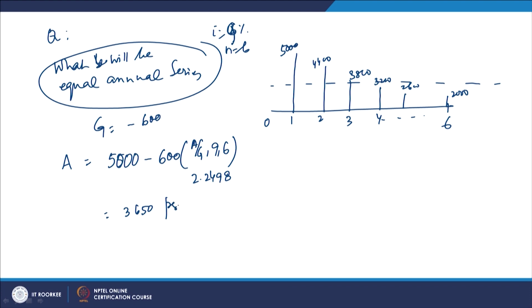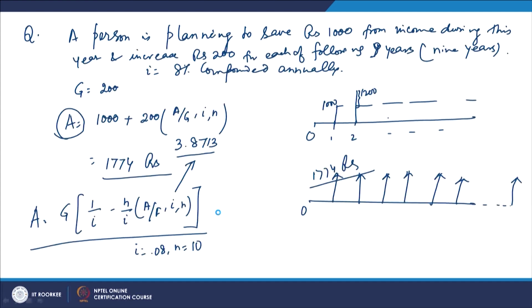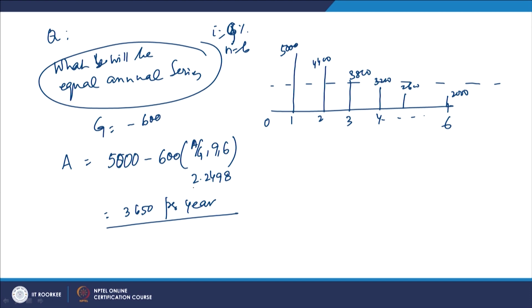It is this value which we are getting, and if you calculate, it will be 3650 per year. Again you can calculate it from that formula, 1 by i minus n by i into A by F i n. If you calculate this for that 9% value, then you will get this factor value as 2.2498, and that value comes out to be 3650.